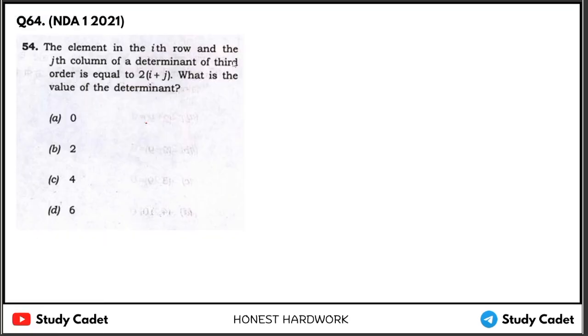The element in the ith row and the jth column of a third order determinant. So a_ij is simply 2i plus j. So the determinant will be: a11 is 1 plus 1, 2 into 2 is 4. 1 plus 2 is 3, into 2 is 6, and 1 plus 3 is 4, into 2 is 8.